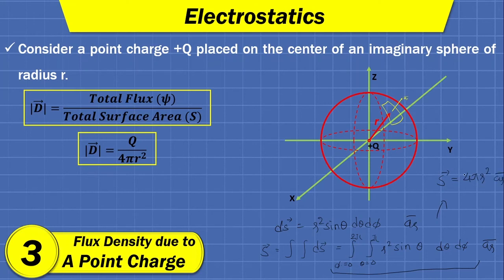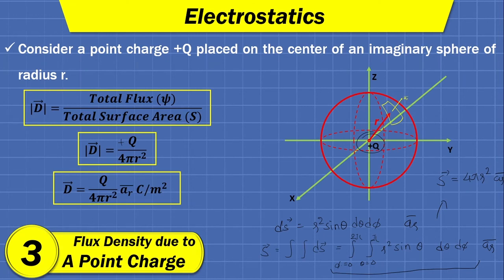Putting this total surface area S in this equation, the magnitude of flux density will be total flux psi, which is nothing but the total charge. Here the charge is plus q, so plus q will be in the numerator, and the total area that we have just calculated is 4 pi r square. So D bar can be written as q upon 4 pi r square.